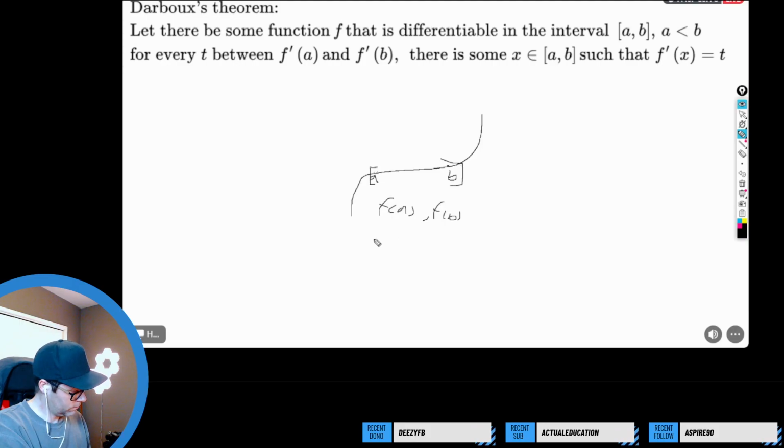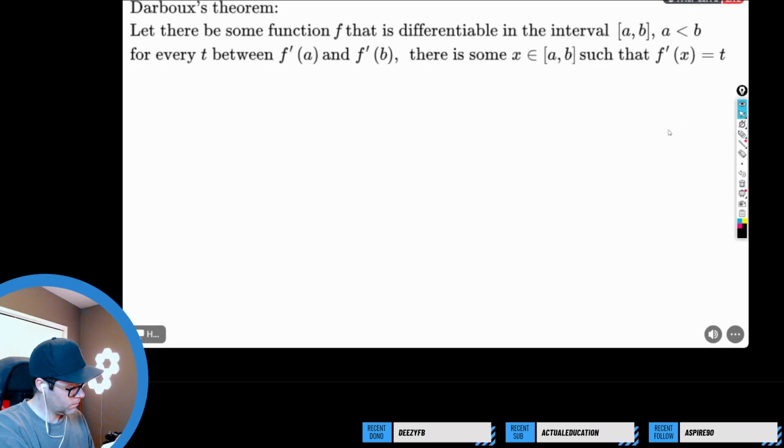But we can say an even stronger thing: the derivative of the function also has the same property, that it has every value between f prime of a and f prime of b. So the function has every value between this and this, and the derivative also has it.